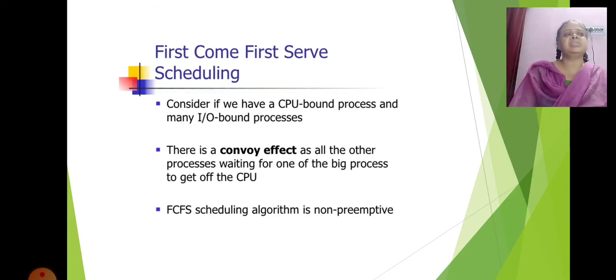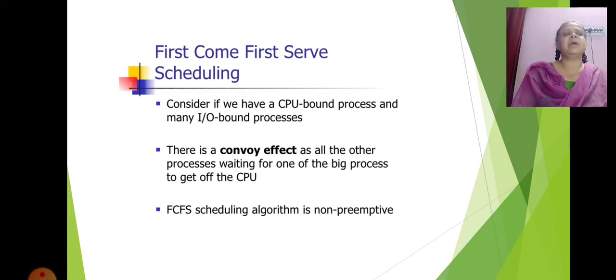Eventually, the CPU bound process finishes its CPU burst and moves to an IO device. All the IO bound processes, which have short CPU bursts, execute quickly and move back to the IO queue. At this point, the CPU sits idle.